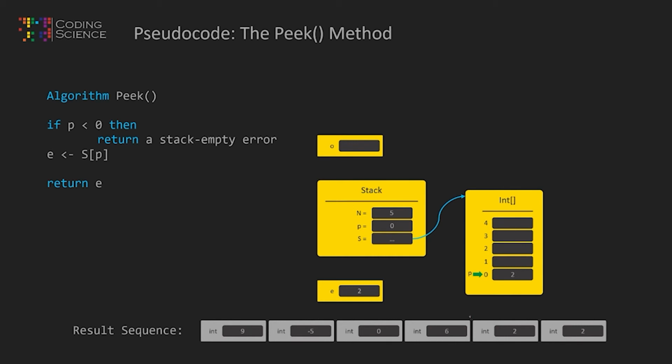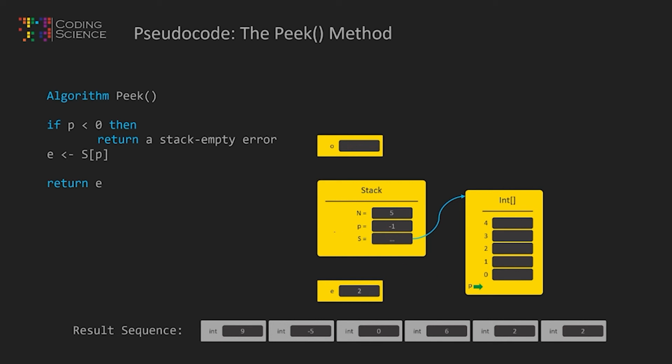So our sequence simply has two number 2s, one after the other. So that's the main difference with the peek function, compared to the pop function. It retrieves a number, it gives you the number without deleting it.